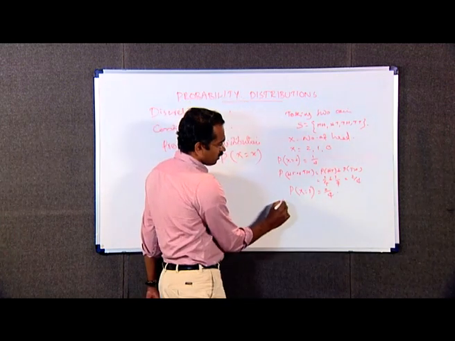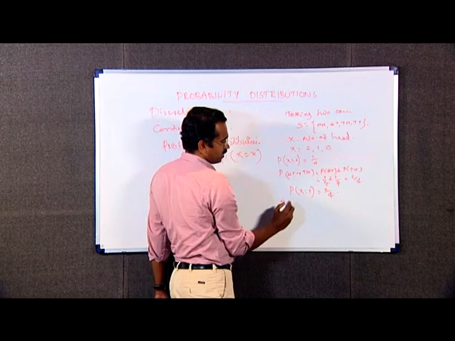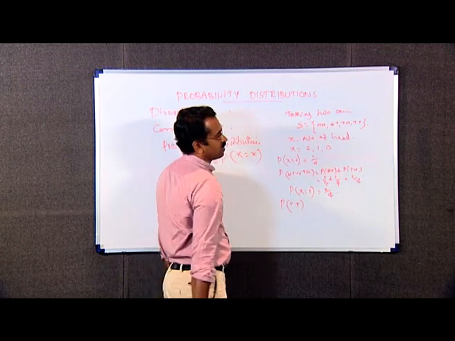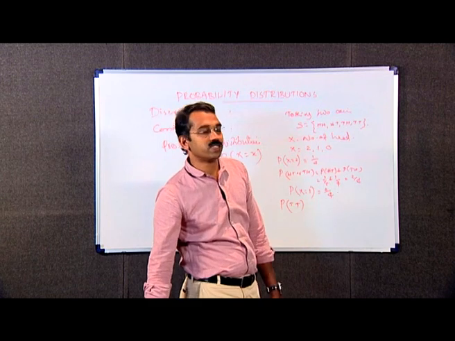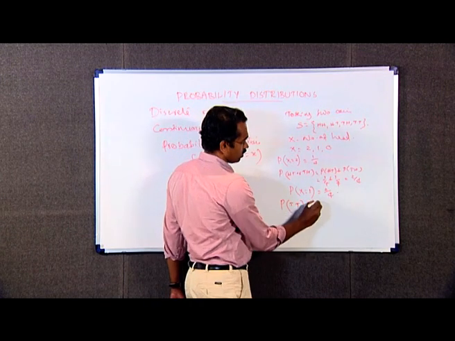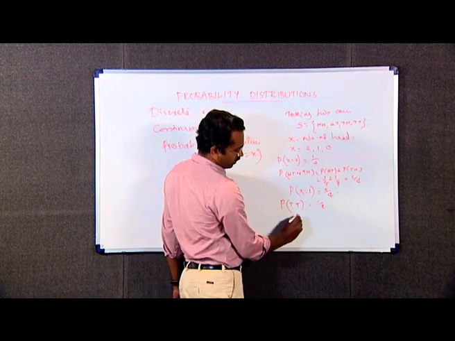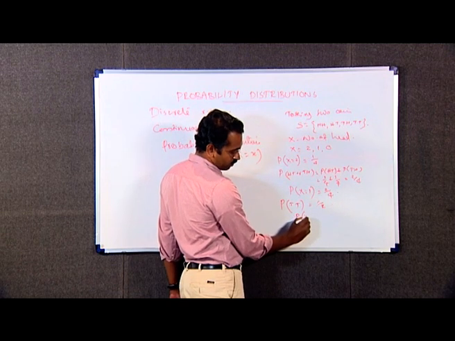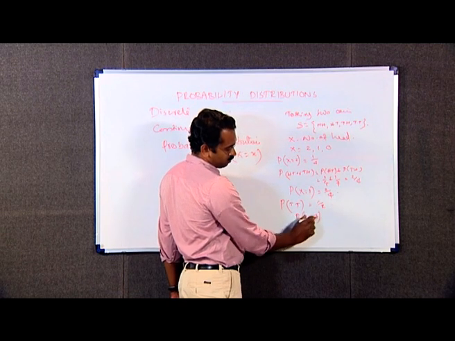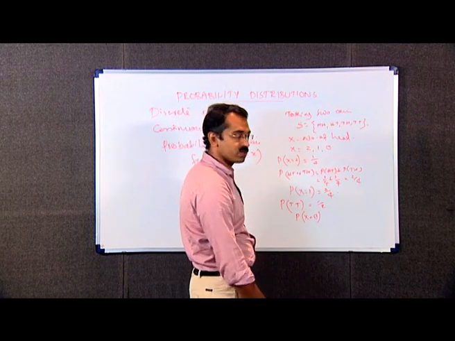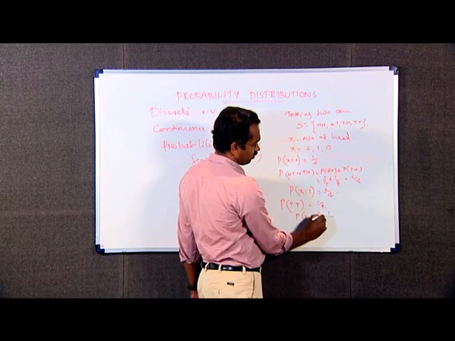Now, the probability of getting no heads means getting TT, that is equal to 1 by 4 also. No heads means the value of x is 0, that is P of X equal to 0 is 1 by 4.